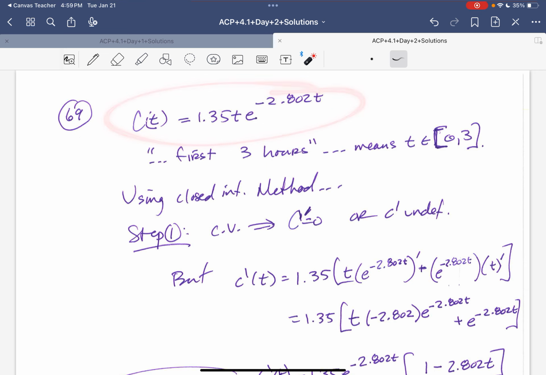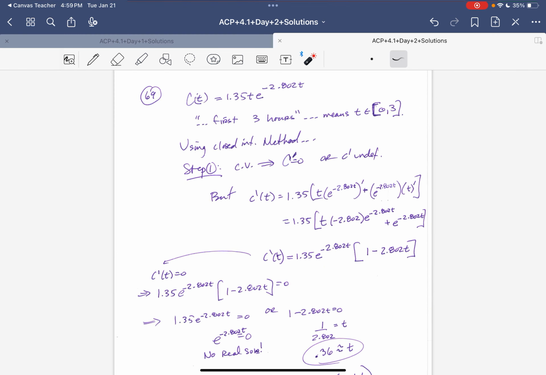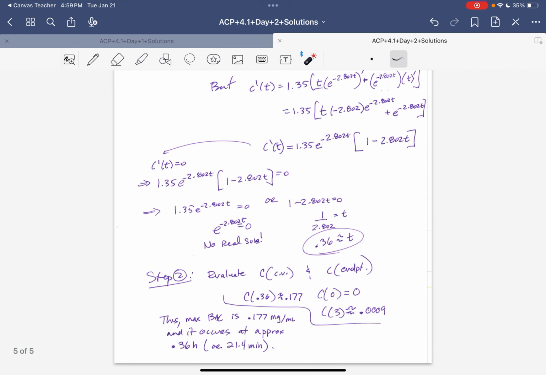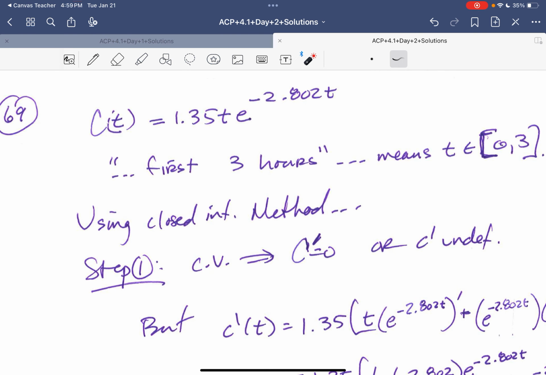So for the last one, if we have this, it says, think about this thing, but what is the maximum value in the first 3 hours, right? Well, first 3 hours just means on 0 to 3, so we can use the closed interval method because this is continuous on a closed interval.